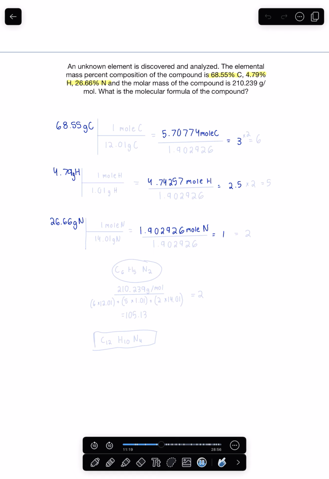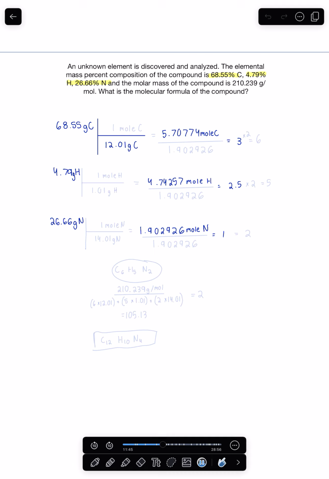Okay, now that I have these all written, we need to do our conversion factor. To do this, we are going to have to use a periodic table and look up each element's molar mass on the table. So carbon has a molar mass of 12.01.